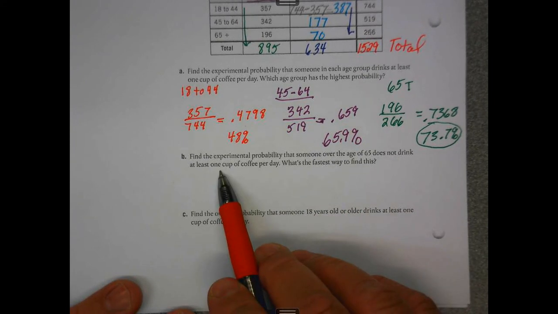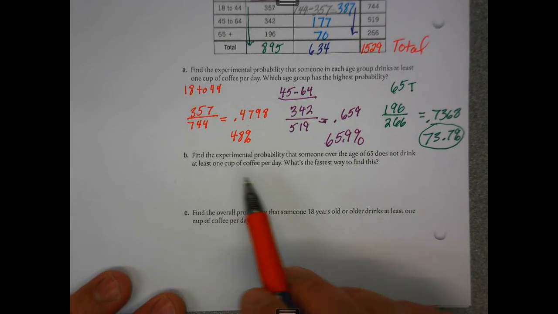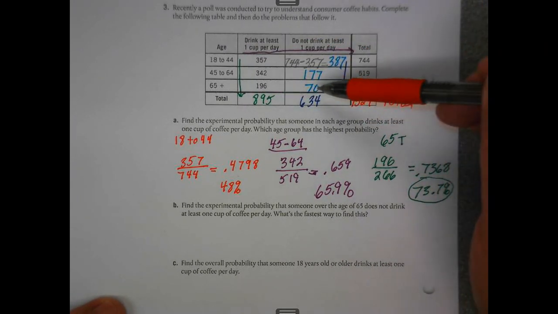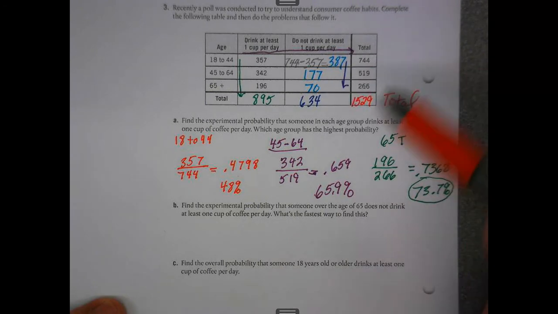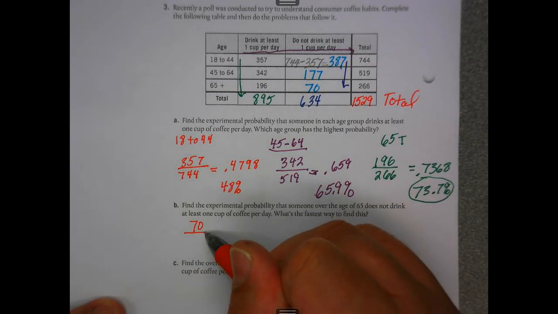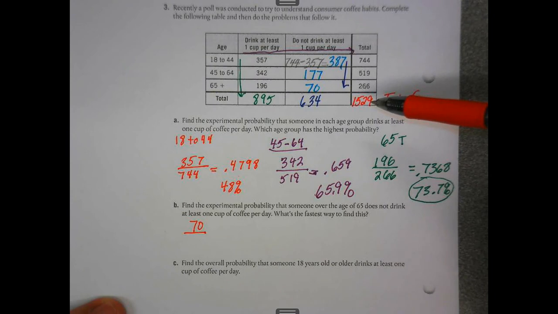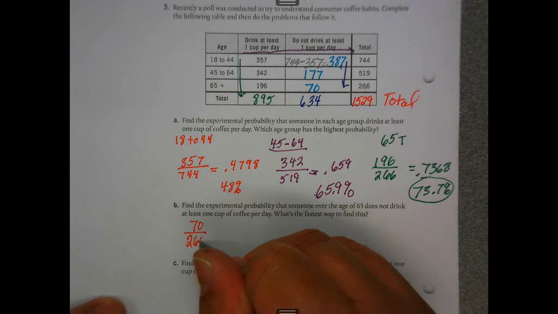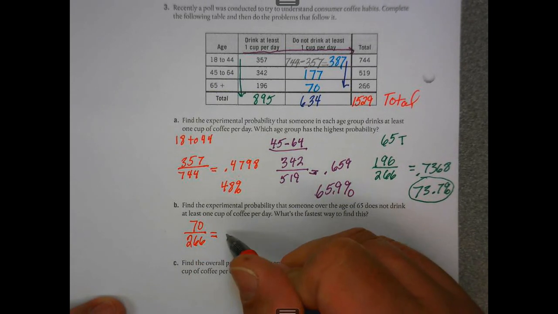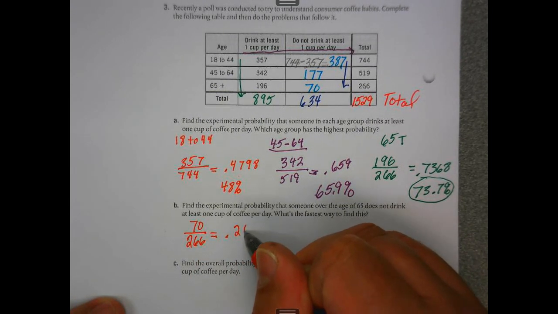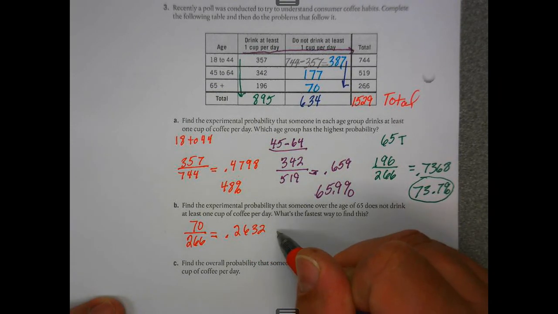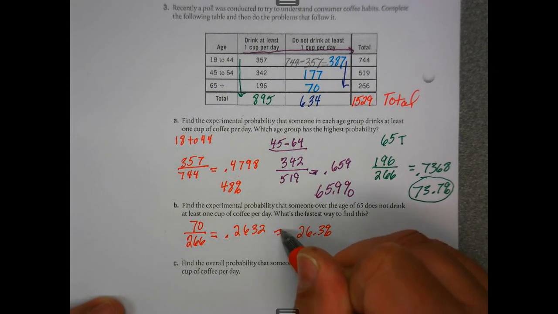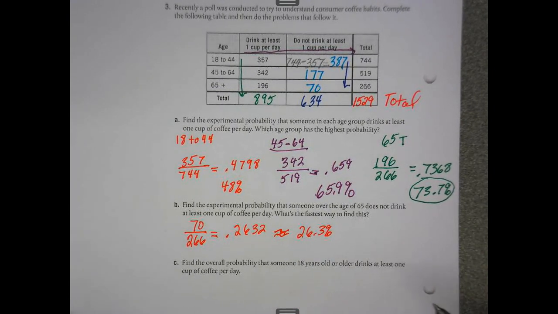Put that in the calculator, we get a decimal 0.2632, which is approximately 26.3%. But actually, we had that up here: the 73.7% for those that did drink it. If I would have taken 73.7% minus that from 100%, I would have gotten the 26.3%. That would have been the fastest way.